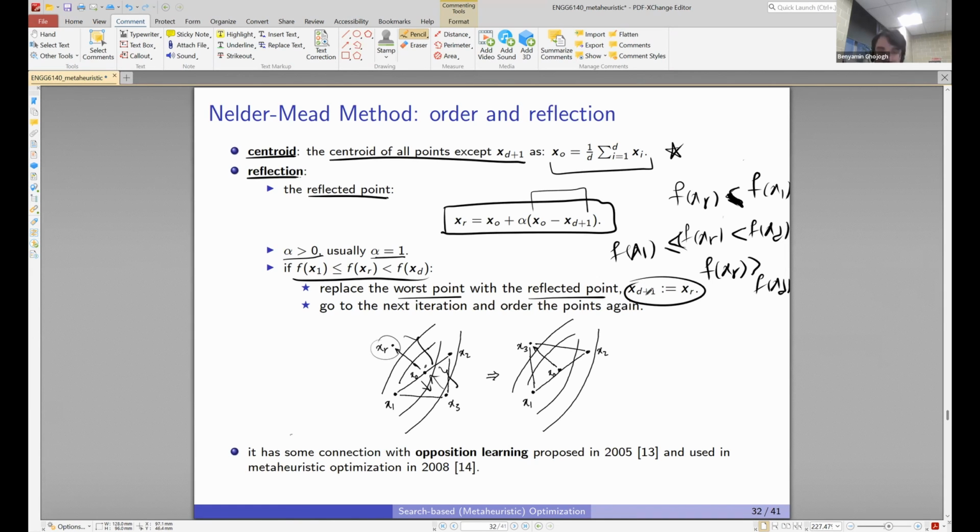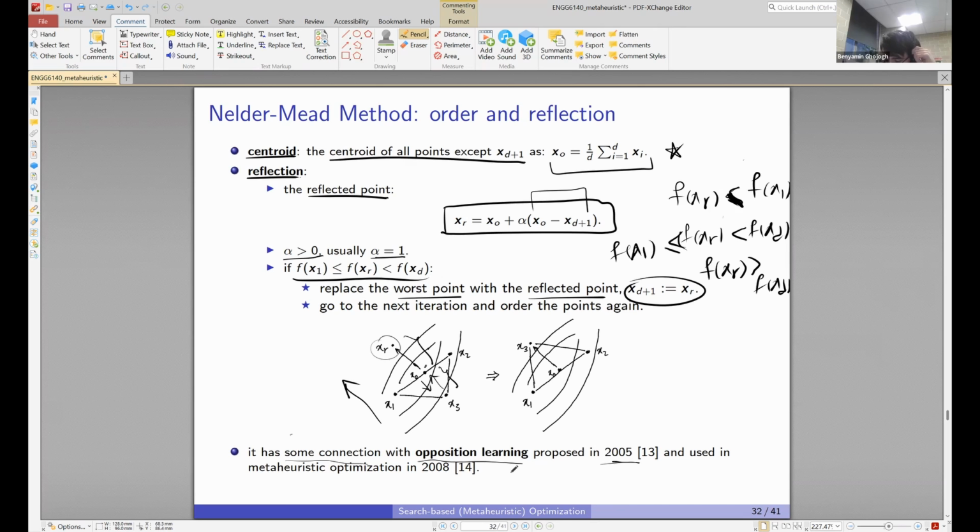So it means that we reflect the simplex along other corners, like this, right? This simplex became like this. And it makes sense because we are going toward the better direction, because apparently xr is better than x2. Apparently the function cost value is reducing in this direction. And also it has some connection with the opposition learning proposed in 2005.